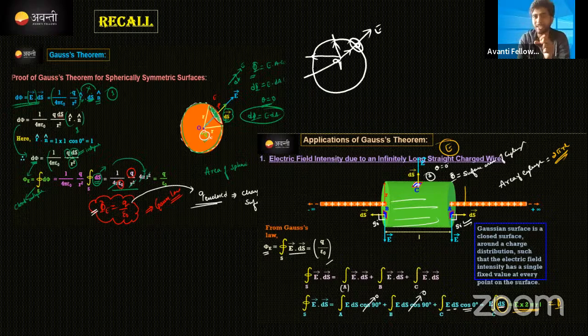That means we need to take all the small area segments like this. Now we need to integrate all the area, adding all the areas, and it gives the total flux. We got an answer for the total flux: Q by epsilon naught. We proved this.